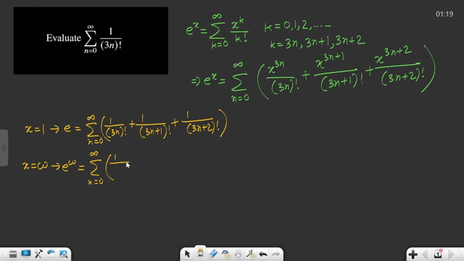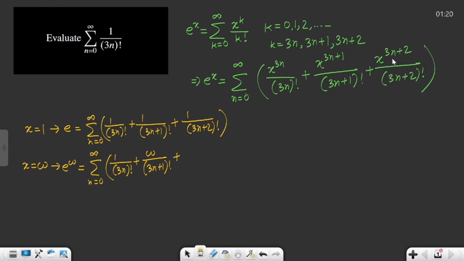So we will get 1 by 3n whole factorial plus, now see here, omega to the power 3n is equal to 1 into omega, so we will get omega divided by 3n plus 1 whole factorial plus, here we get omega to the power 3n plus 2, so you can write it as omega to the power 3n into omega square.